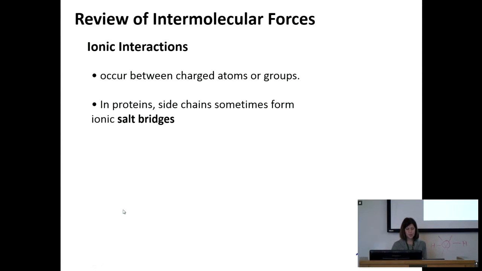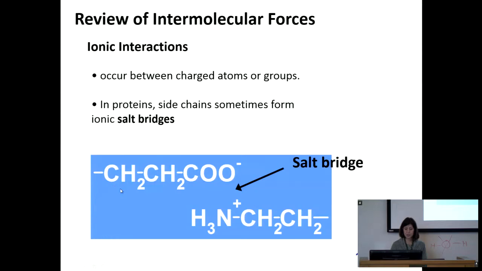In proteins, what we have is ionic salt bridges. We have amino acid side chains that are either acidic or basic. And if it's acidic at neutral pH, it's going to be negatively charged. If it's basic at neutral pH, it's going to be positively charged. So here I'm showing the side chain of an acid amino acid, the R group, and here's the R group of a basic one.